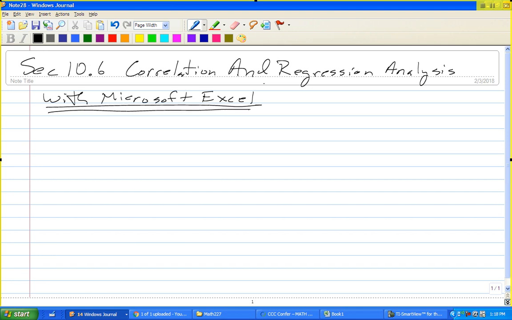So, if you want to find the correlation coefficient, you would just write correl, and then whatever columns or rows you put your variables in. To find B1, just use slope.